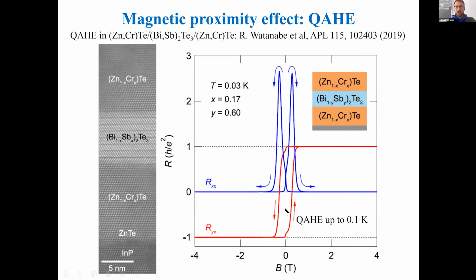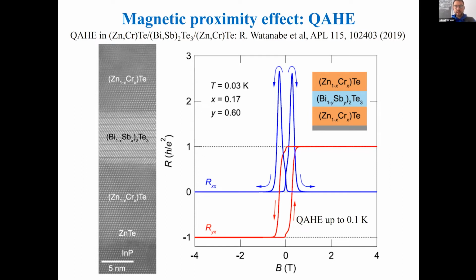You can see the quantum anomalous Hall behavior here. And I believe the maximum observation temperature was about 0.1 Kelvin. So very nice result. Hopefully it will be reproduced by other groups, and hopefully we will see other reports of the quantum anomalous Hall effect in this type of magnetic topological heterostructures.